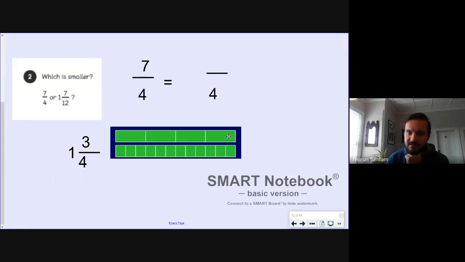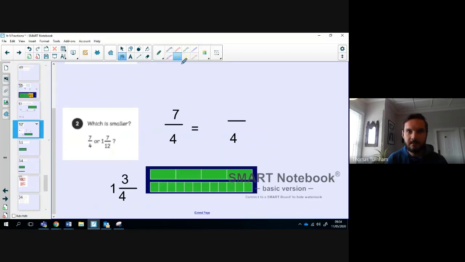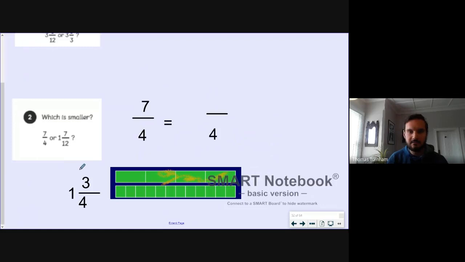Each of my quarters cut into 3 parts means I would then get 12 parts. Well, I've got here 3/4. 1, 2, 3. Let me just get my pen out again. Ignore my pretty coloring. 1, 2, 3. Let's go back to full screen.